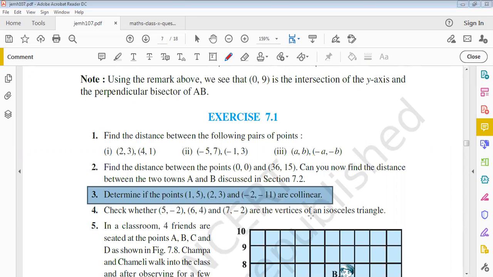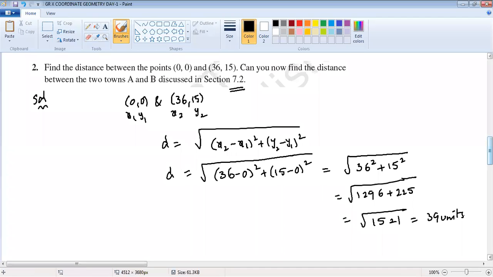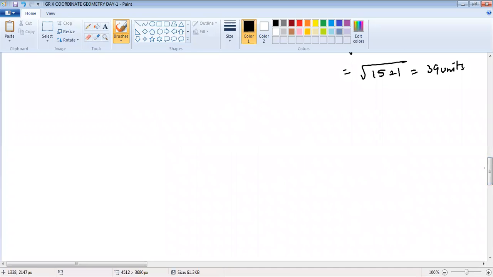Collinear means 3 or more points lying on the same line. They are called collinear. For example, I'm marking all this. Now I'm able to draw a line. If you see, all these 3 points are lying on the line. So in this case, we can conclude that they are all collinear points.